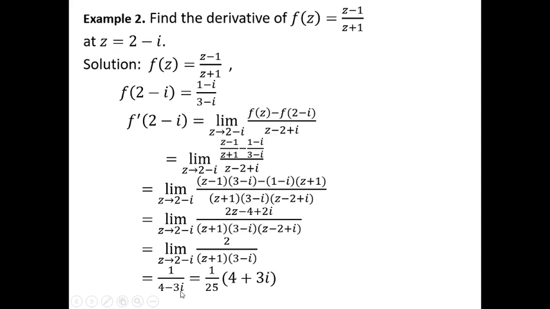So multiply and divide by 4 plus 3i. Therefore (4 plus 3i) divided by (4 minus 3i)(4 plus 3i). In the denominator we get 4 square plus 3 square, that is 16 plus 9, which gives 25. Therefore the derivative f'(z0) is (4 plus 3i) divided by 25.